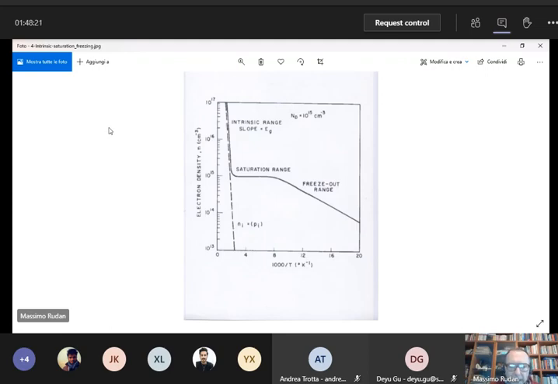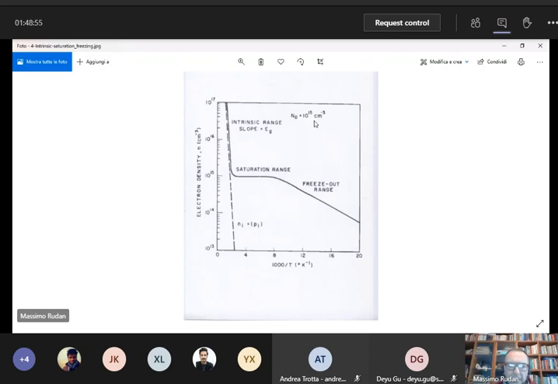This is an Arrhenius plot of the concentration of electrons in a semiconductor uniformly doped with, you see, a concentration of dopants of 10 to the 15th donors per cubic centimeter. Okay.